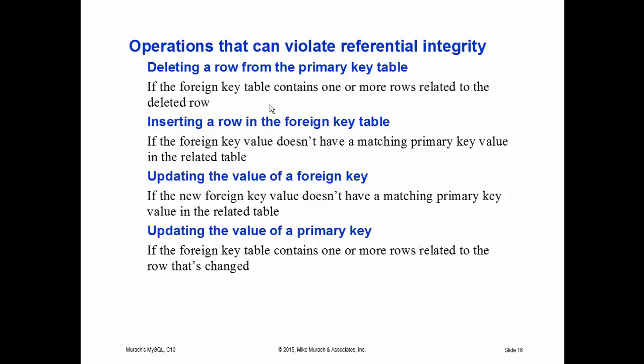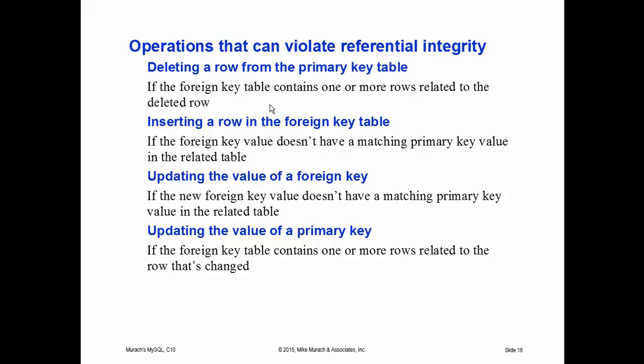Another is updating the value of a foreign key. Looking at the parent-child relationship between vendor and invoice, if we put a vendor number into our invoice table that was incorrect and didn't exist in the vendor table, that would be the updating problem.